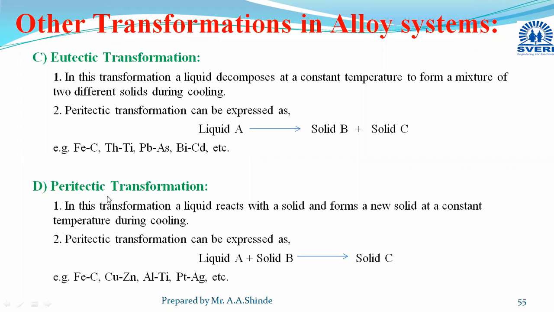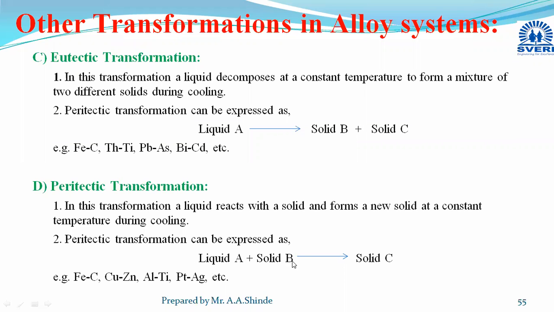Then peritectic transformation. Tectic means it is related to the liquid, and tectoid means related to the solid. Here in this transformation, liquid combines with one solid, and they form a single new solid, at a constant temperature during the cooling process.